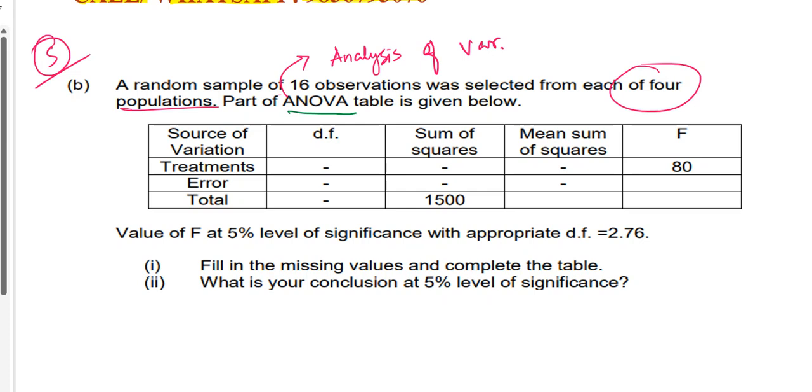Now the ANOVA table has source of variation and DF, which means degrees of freedom. We need to determine the degrees of freedom.